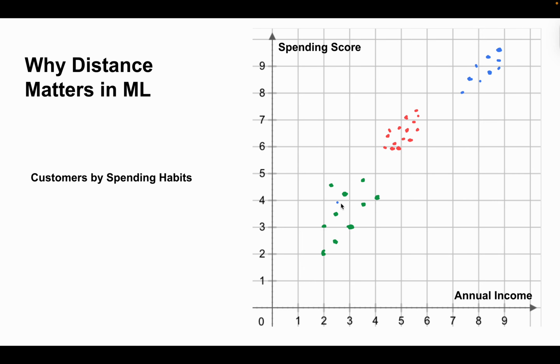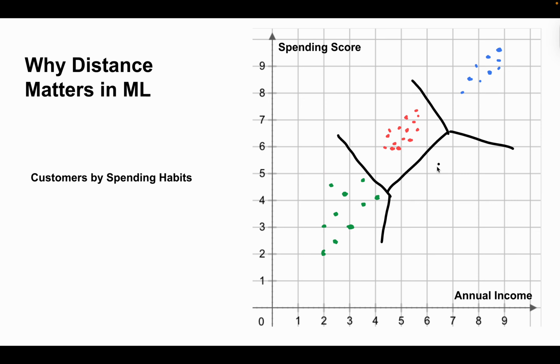So the distance is very important here. These are two customers. Let's say the distance between this customer and this customer is very different from the distance between this customer and that customer. So what these companies do is they create these clusters. This is a different cluster of people, this is a different cluster, and this is a different cluster of people.